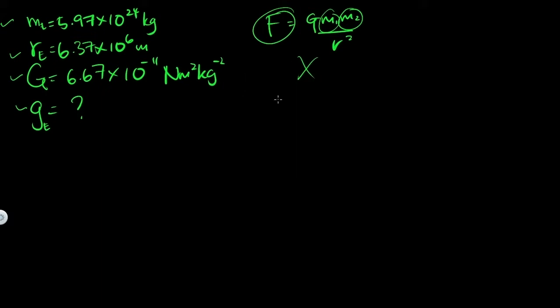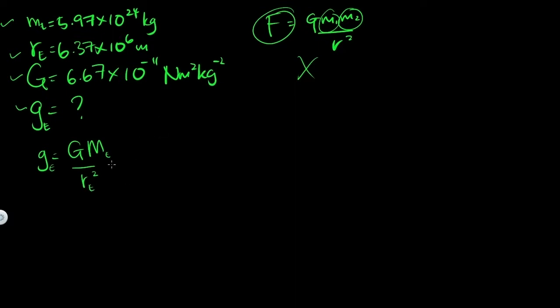The other equation that we have is, of course, the gravitational acceleration. The equation states that g equals GM over r square. So we can substitute the value of G, M of Earth, and R of Earth.